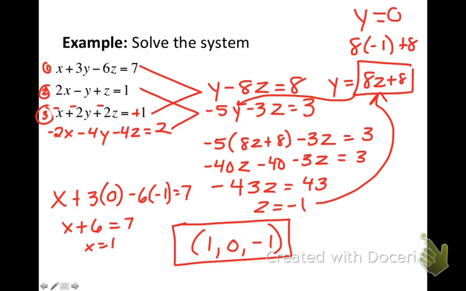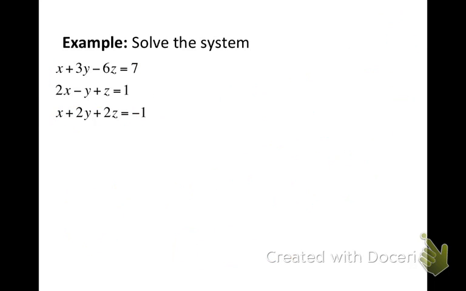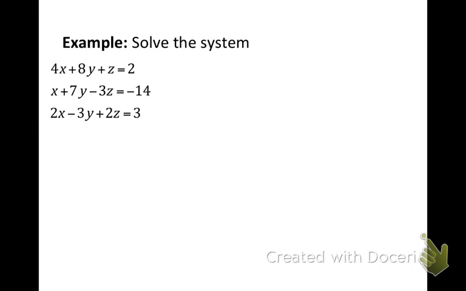All right, so let's do one that's a little bit more difficult before we get to the special cases. Everybody okay? All right, number 3. We've got 4x plus 8y plus z equals 2. X plus 7y minus 3z equals negative 14.